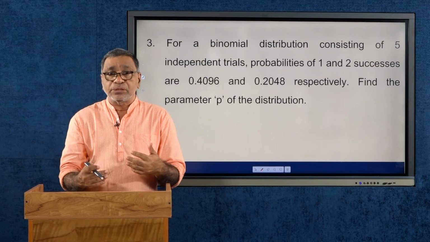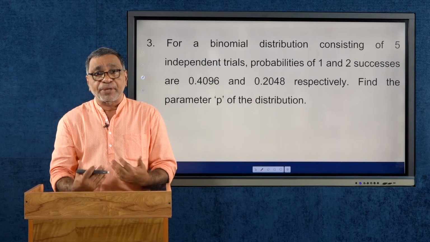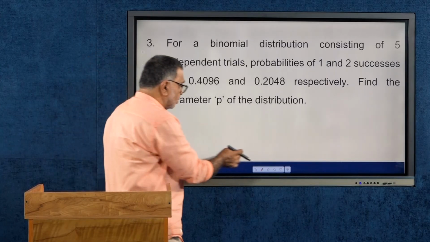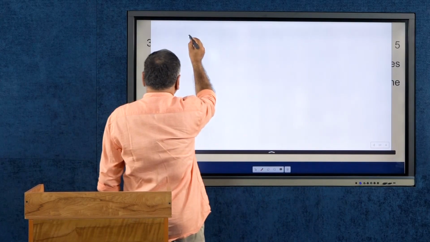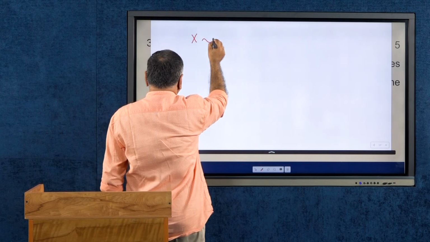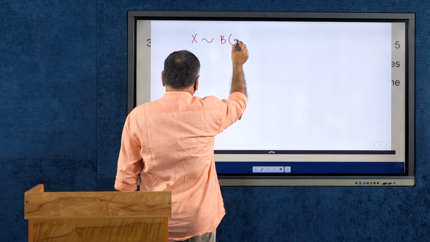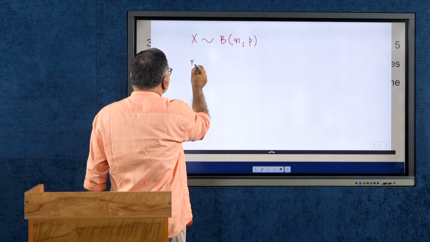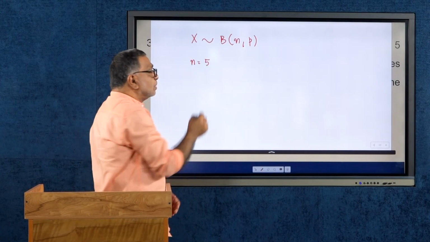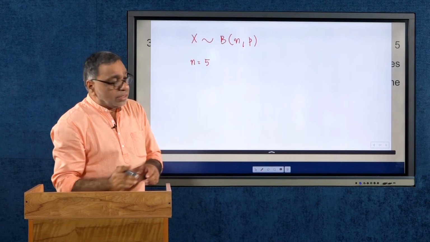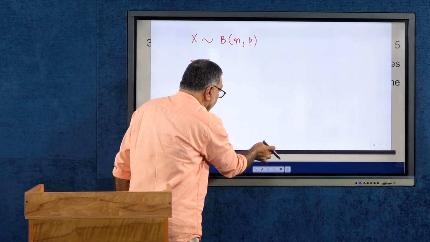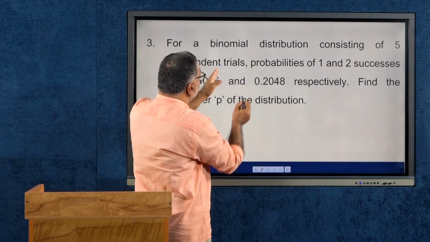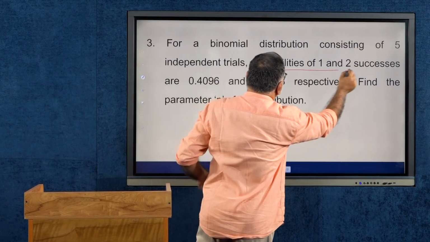So the question is to find the value of the parameter. One of the parameters, that is n, is given to you. So consider this: x is a binomial random variable, and given n is equal to 5, and the other thing you are given is the statement about the probabilities of 1 and 2 successes.